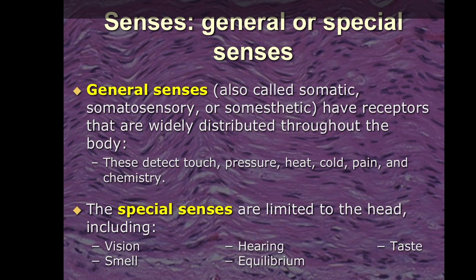So it's hearing, your vision, taste, equilibrium, and smell. And those are ones that we have nice, well-developed organs that are going to pick up the information. So we are going to spend a lot of time talking about each of those senses, but for your next test. Okay, not right now. We're going to focus on these general senses today.